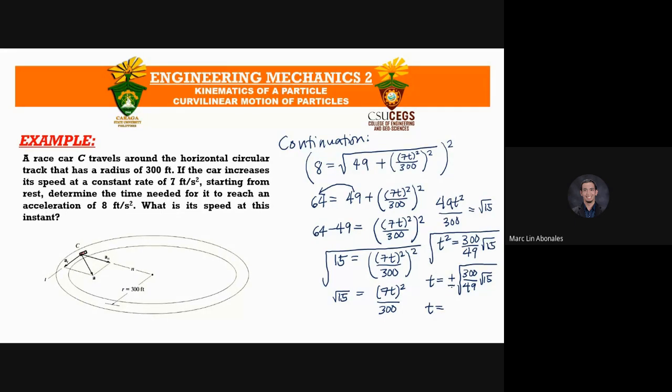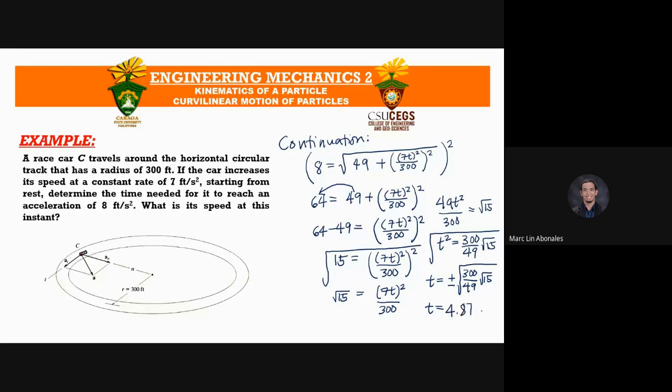So what will be the answer of your square root of 300 over 49 times square root of 15? Pila man atong time nato dire? 4.87 seconds. So the answer would be 4.87 seconds.